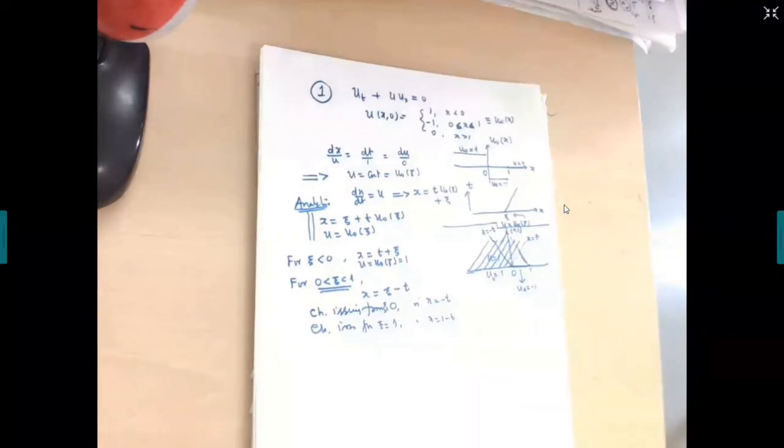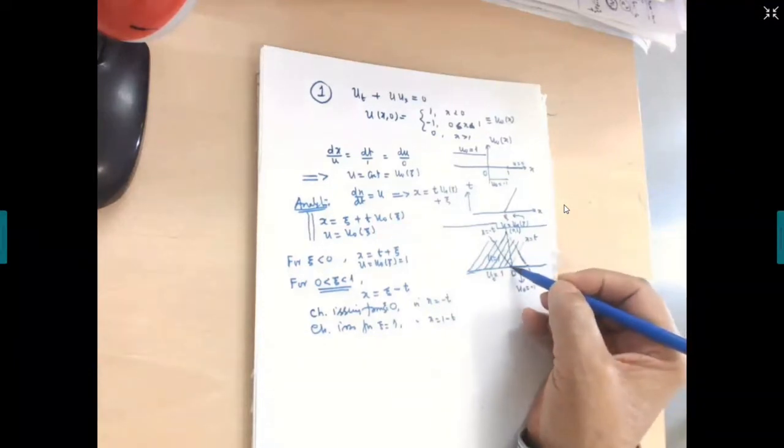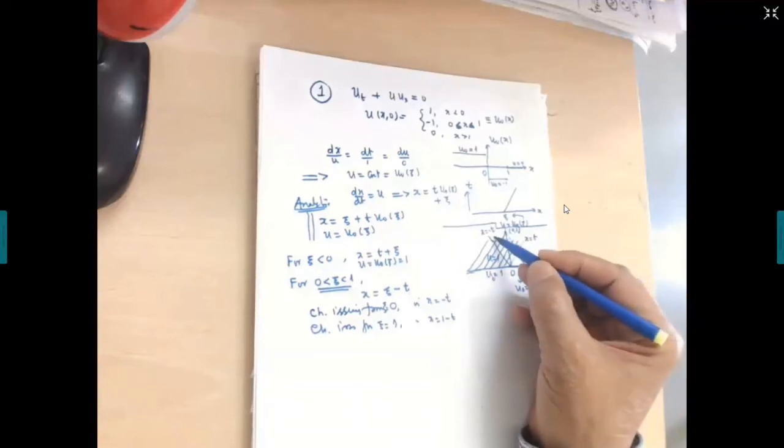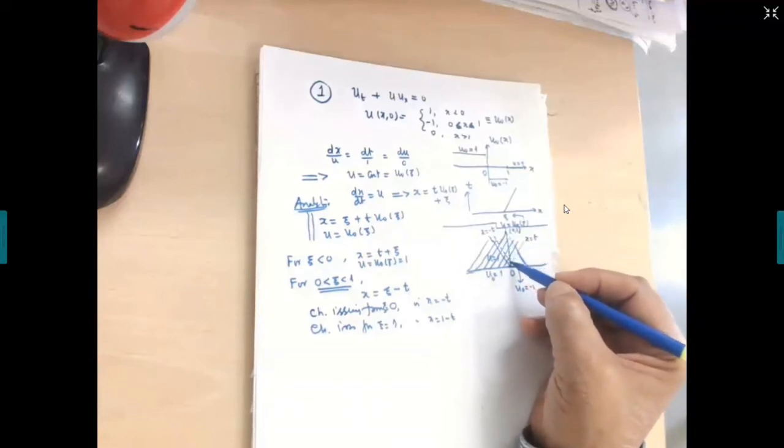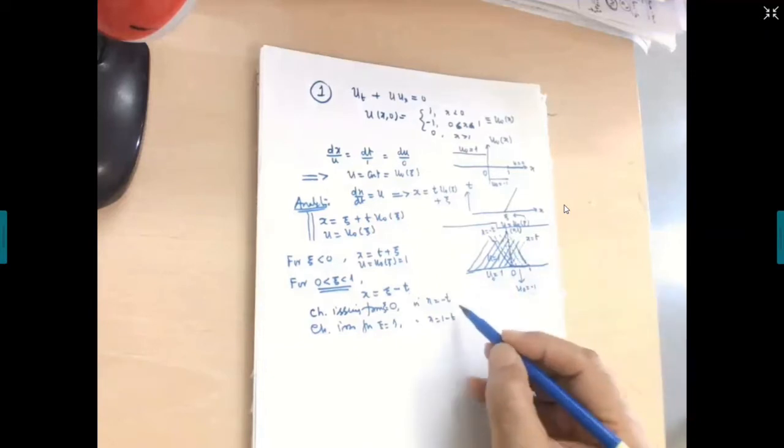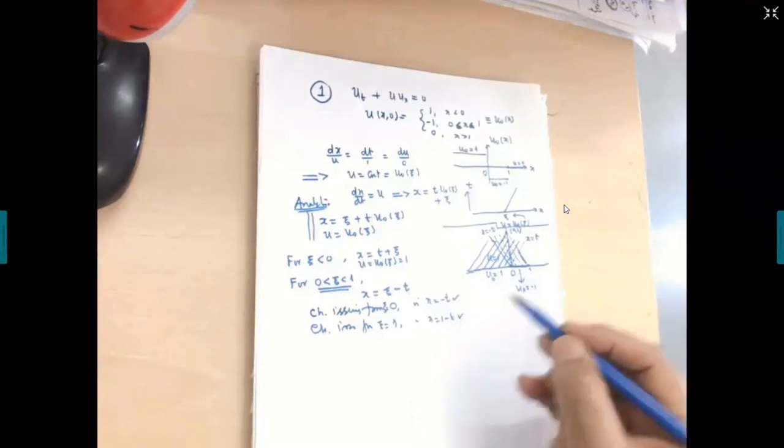So where is the multi-valued region? Can you tell me what the multi-valued region is? All these characteristics will be like this. In fact, this region is bounded by these two characteristics, x is equal to minus t and x is equal to 1 minus t.